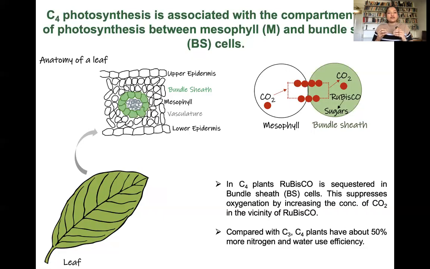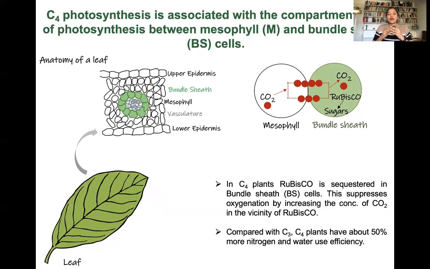And these cells have rubisco sequestered in them. These bundle sheath cells are surrounded by an outer layer of mesophyll cells. So carbon dioxide is shuttled from the outer mesophyll cells into the inner bundle sheath cells. So there is higher concentration of carbon dioxide in the vicinity of rubisco, which facilitates the carboxylation reaction of rubisco.